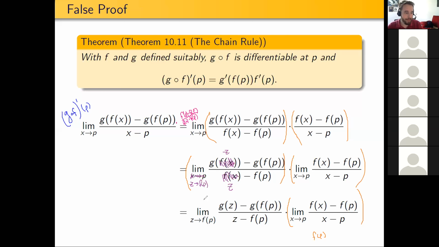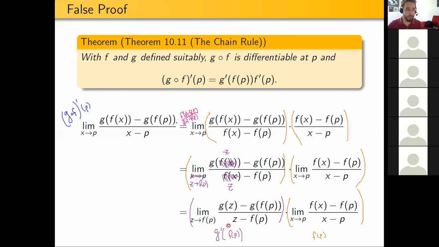And if I do that, and I get down here, then this is nothing more than the derivative of the function g evaluated at the point f of p. I'm using a z instead of an x, but you'll notice that that has the exact same structure as our derivative from before.